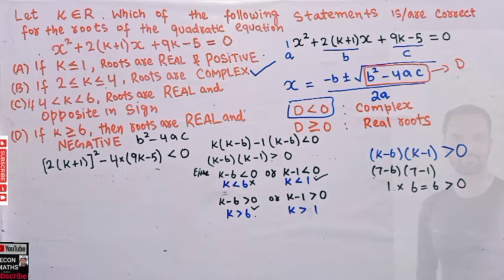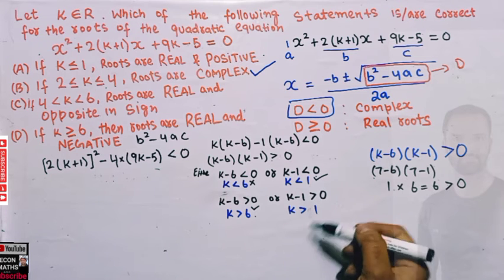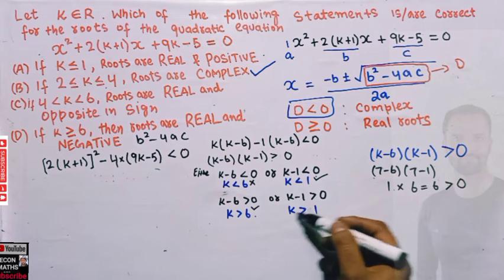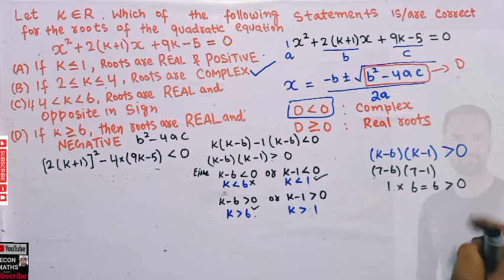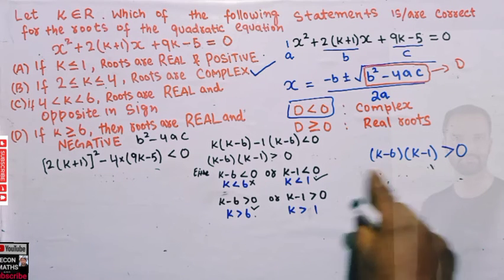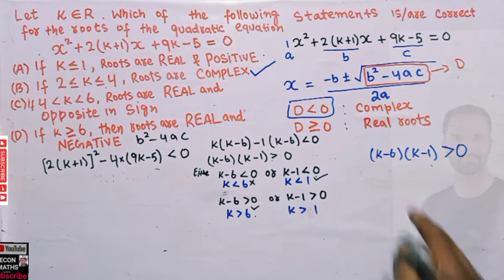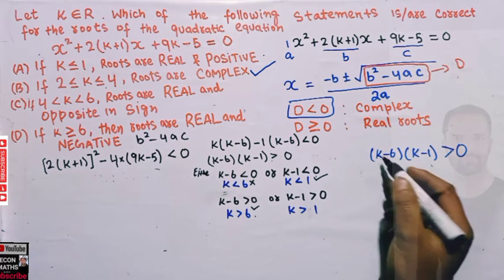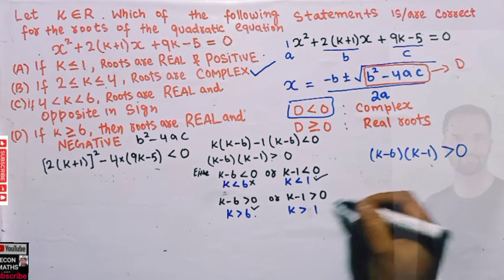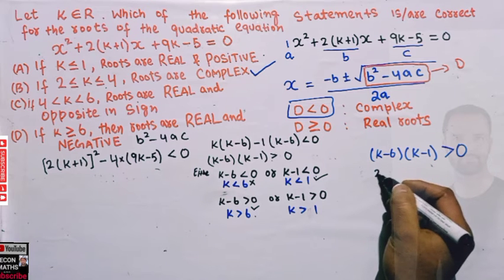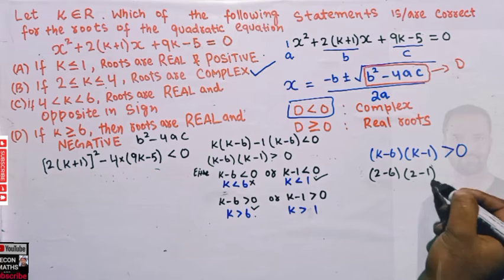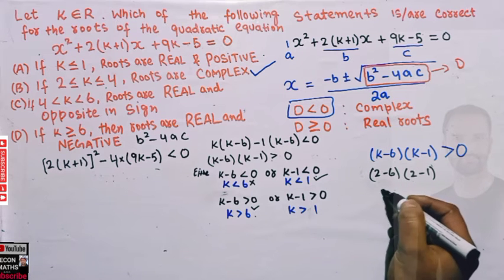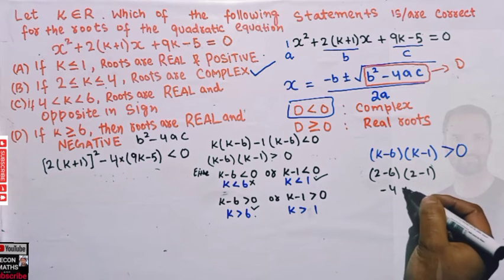Now let us see whether k greater than 1 satisfies or not. What is a number greater than 1? Let us say 2. Let us see whether 2 satisfies. So we have 2 minus 6 times 2 minus 1. So 2 minus 6 is minus 4, and 2 minus 1 is 1.